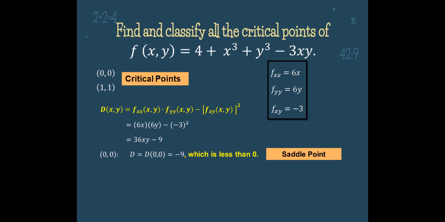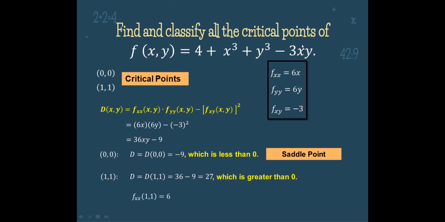Then let's have the second critical point, (1, 1). D here is 36 times 1 times 1, which is 36, minus 9, which is 27, which is greater than 0. Since D is greater than 0, we need to evaluate the second order partial derivative of f with respect to x at (1, 1).